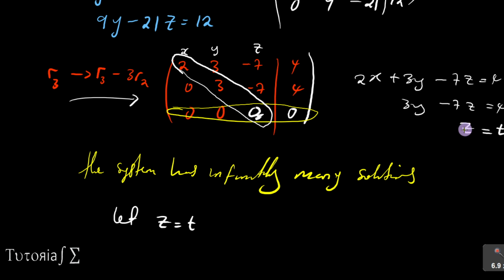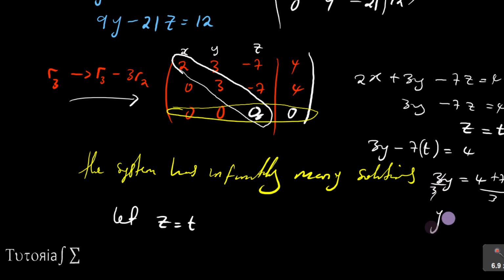So now it's just substituting. So z, you replace t here, it will be 3y minus 7t, where there is z here, then we say equals 4. So we make y the subject here: 3y equals 4 plus 7t, we say over 3, y equals (4 plus 7t) over 3.